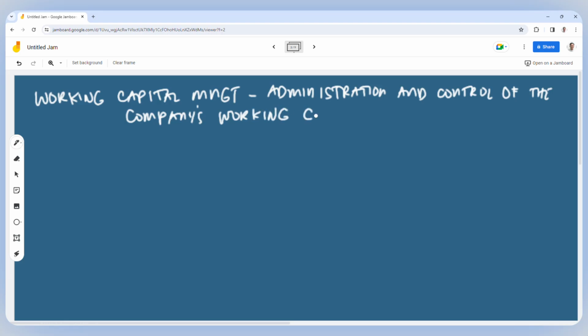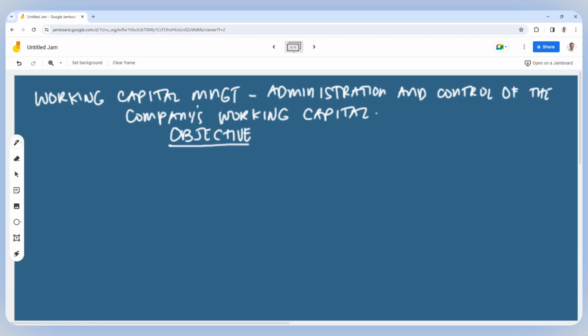Ibig sabihin, how you manage your working capital. So, what is the primary objective of the working capital management?